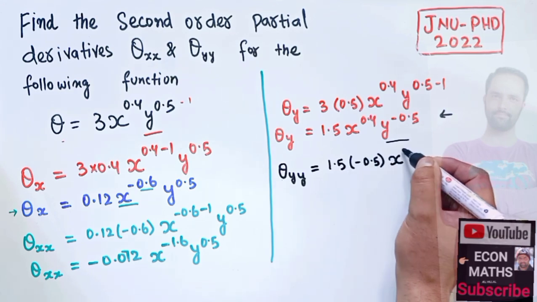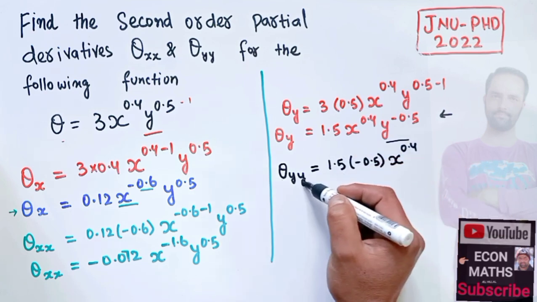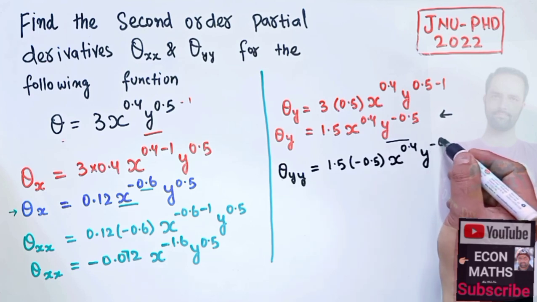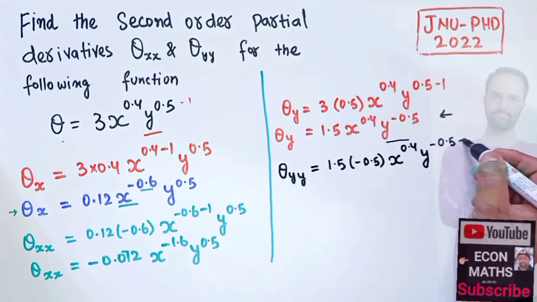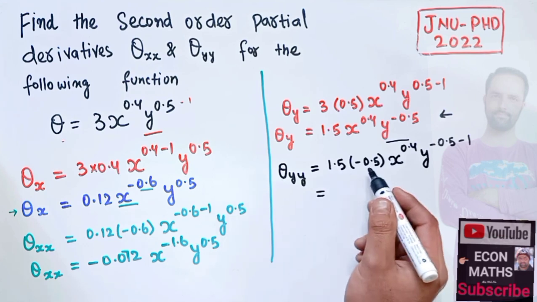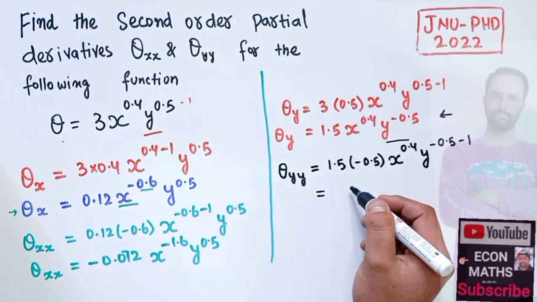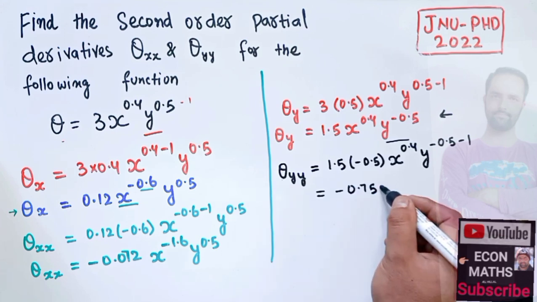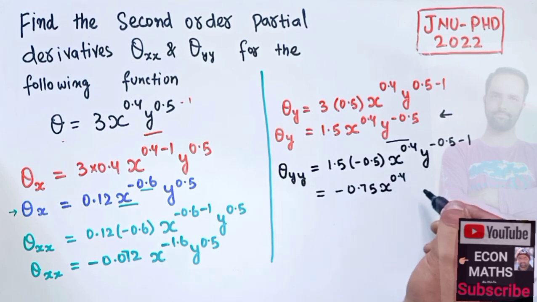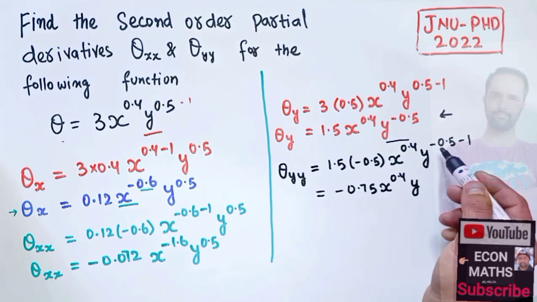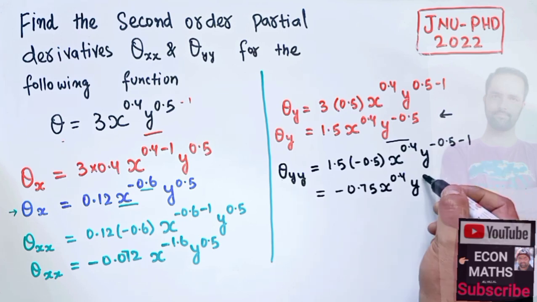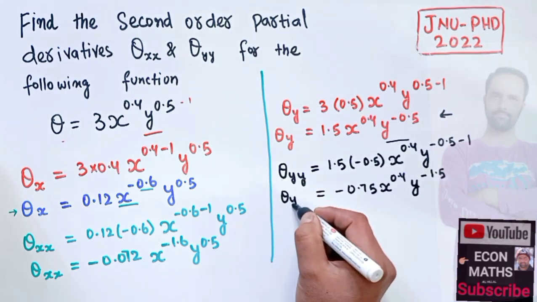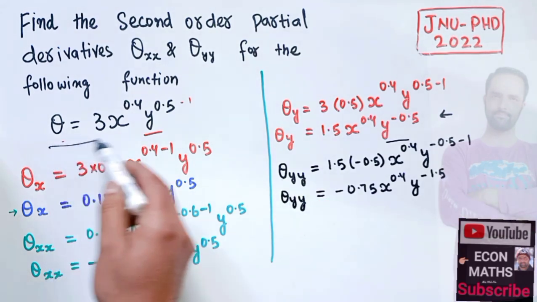X will remain same because we are taking partial derivatives with respect to y, and y to the power minus 0.5, and exponent of this is subtracted by 1. 1.5 times 0.5 will come out to be minus 0.75 x to the power 0.4 y to the power minus 0.5 minus 1, it comes out to be minus 1.5. This is our second order partial derivative of this function.